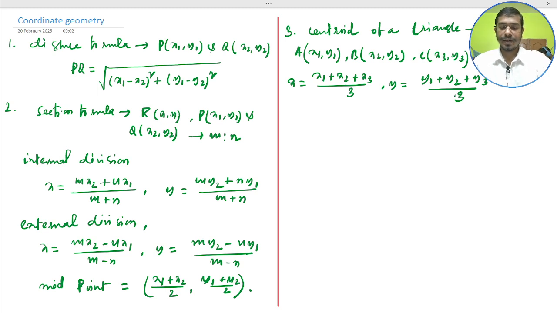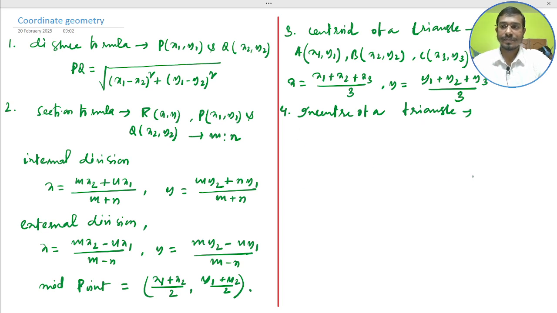Next, incenter of a triangle. Number 4, incenter of a triangle. Let a, b, c be the lengths of sides BC, CA and AB of a triangle.